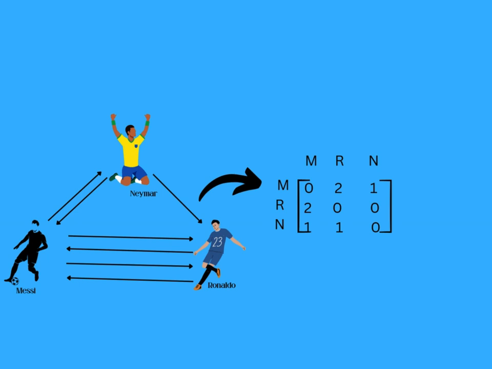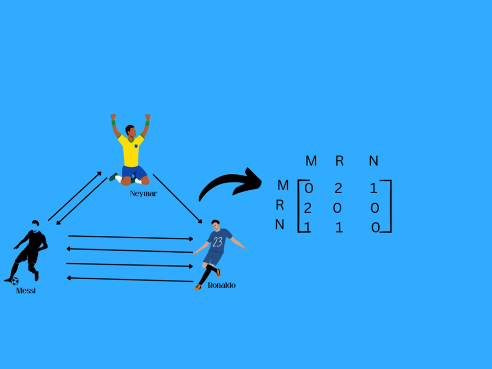At the same time, Messi cannot pass the ball to himself, and Ronaldo also cannot pass the ball to himself. So here in the matrix, Messi cannot pass the ball to Messi himself, that's why the value is 0 here. Ronaldo also cannot pass the ball to himself, that's why the column here represents Ronaldo and Ronaldo, so it's also 0. And Neymar cannot pass the ball to himself, that's why here the value is 0.